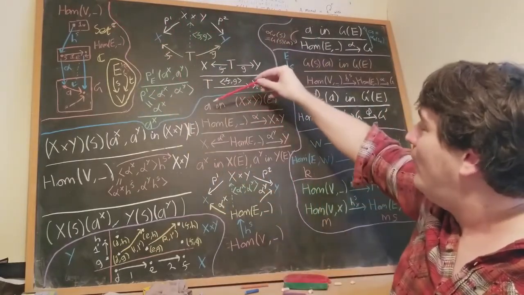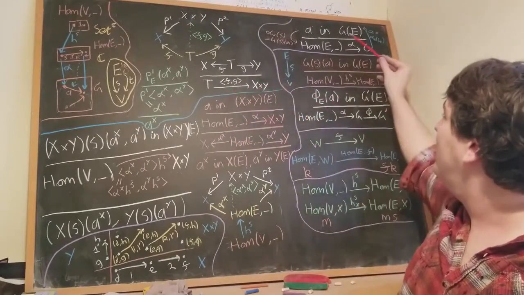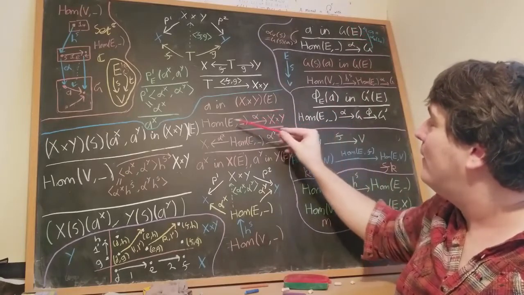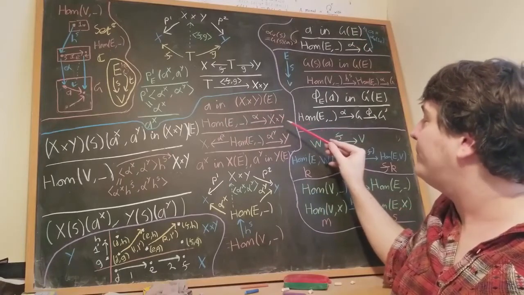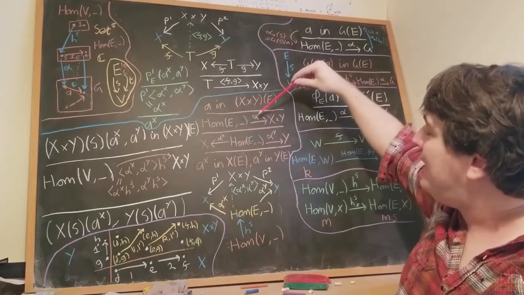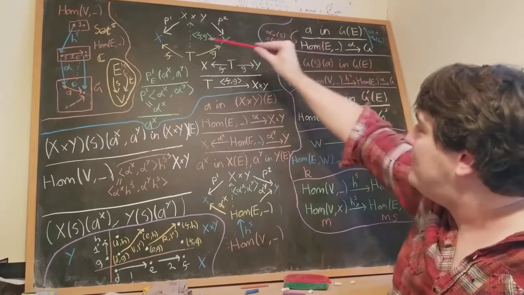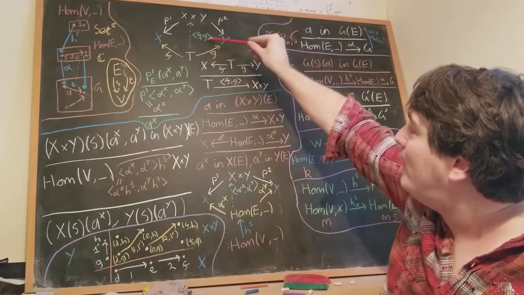So we have this A in here. Now we use the Yoneda lemma. So this becomes an arrow alpha from Hom(E, -) to X times Y. Now, given any arrow alpha like that, imagine this T here is Hom(E, -), and this green arrow is alpha.